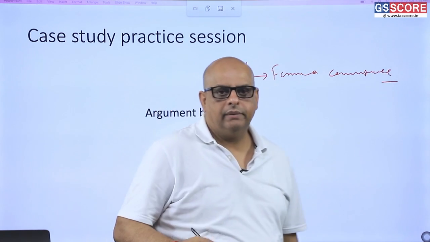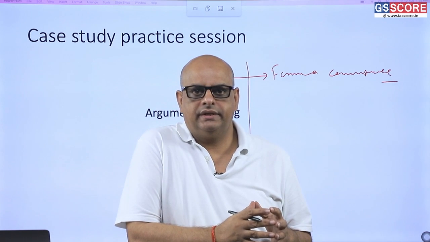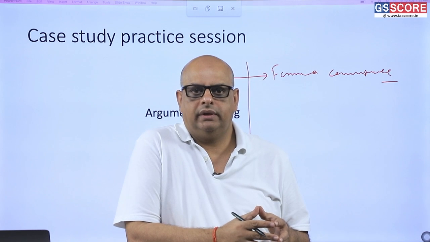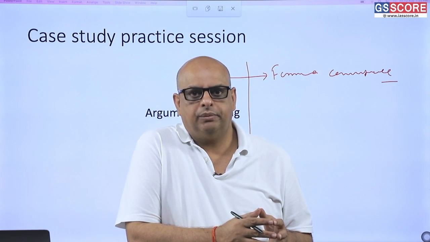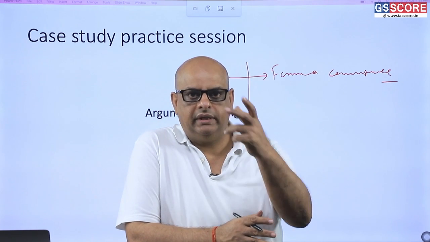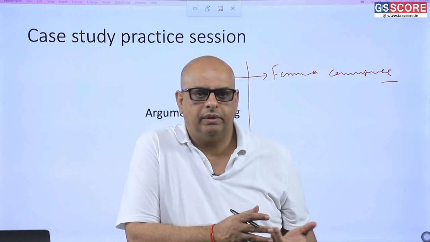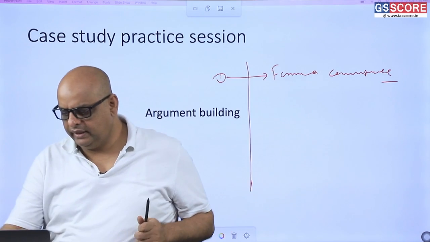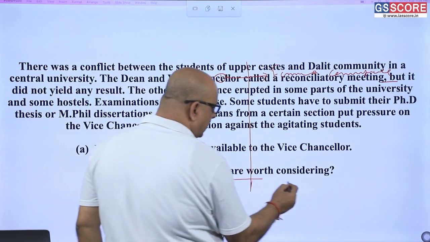When you say I will form a committee, the question is what purpose it will serve, why you are thinking so, and also you have to visualize the possible consequences. This is how it will help you understand that it is going to achieve a certain purpose. Otherwise, there is no purpose of considering any option. Because in the question itself, it says just justify why these options are worth considering.